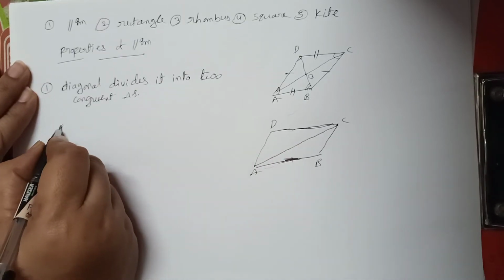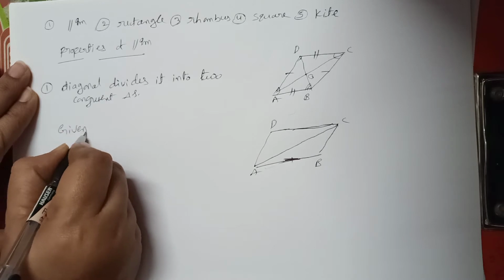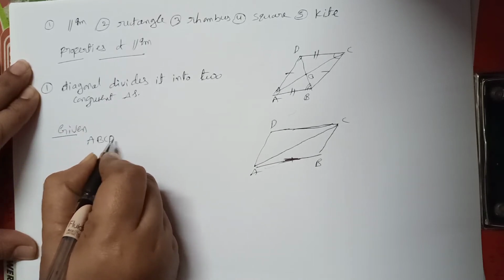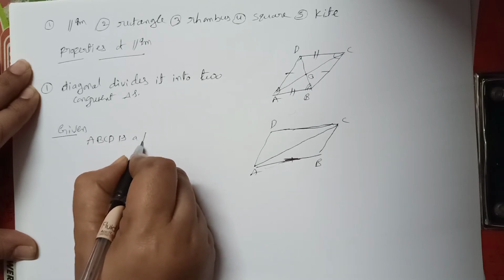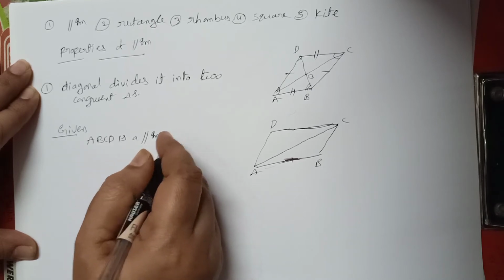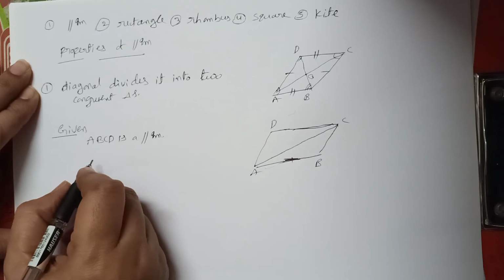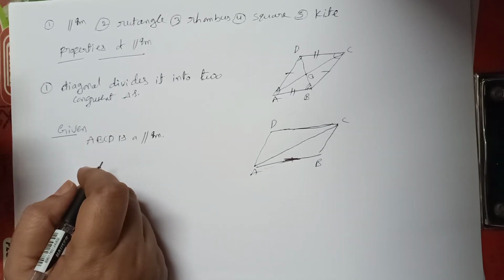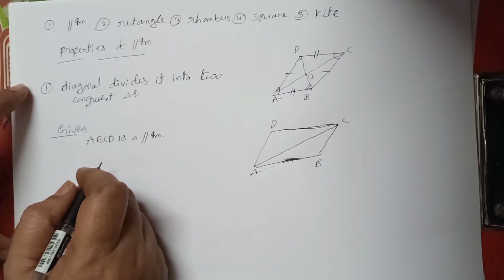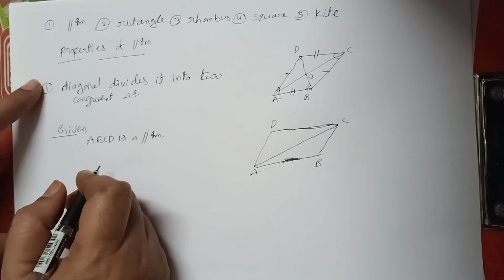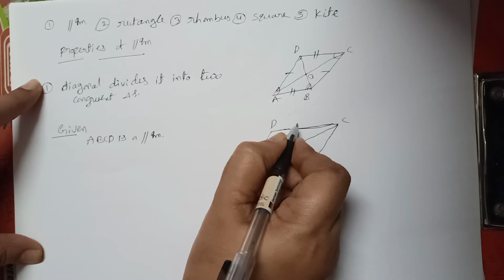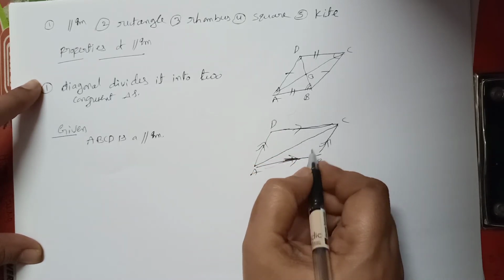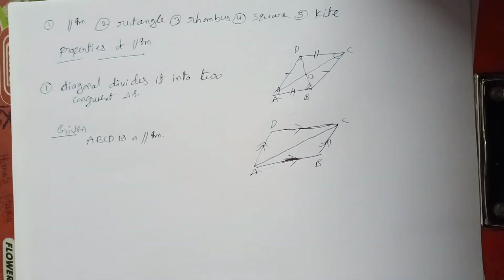So here what is given? ABCD is a parallelogram. Parallelogram means, what is the definition of the parallelogram? A quadrilateral in which both pairs of opposite sides are parallel. So that means AB parallel to DC, AD parallel to BC. If the quadrilateral is a parallelogram, we can take this.